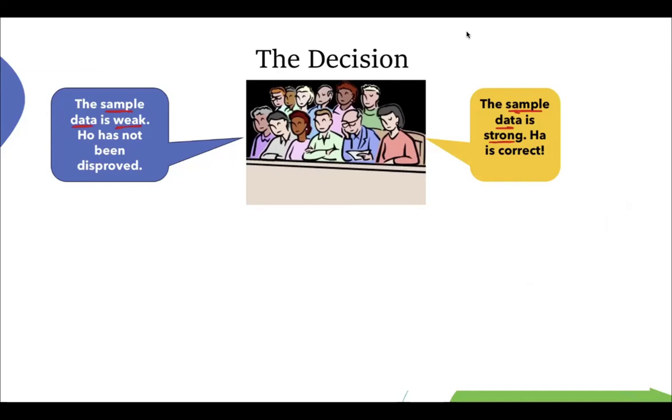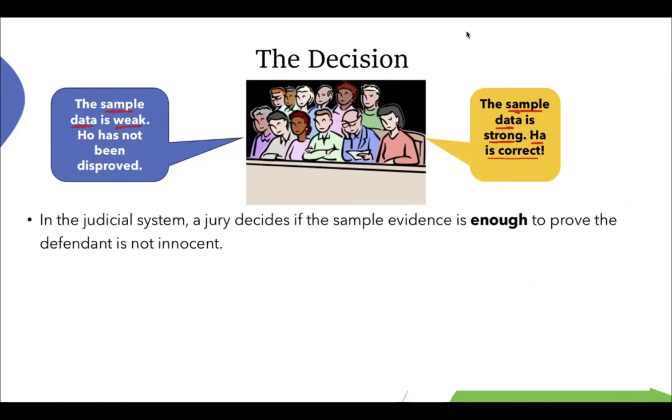H0 will be disproved in that case, in which case the HA is correct. In a judicial system, the jury decides if the sample evidence is enough to prove the defendant is not innocent. Innocence is the assumption throughout the trial, and then when the sample evidence is provided, the jury chooses whether or not that sample evidence is enough.